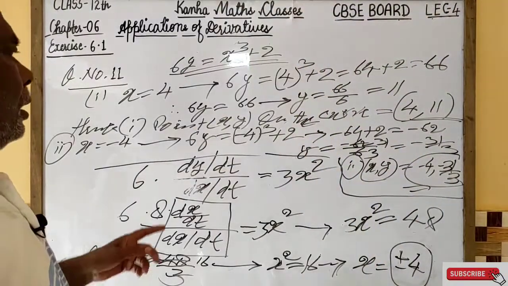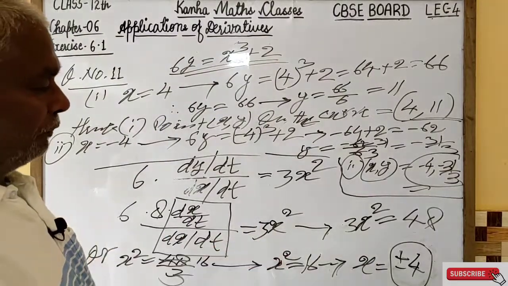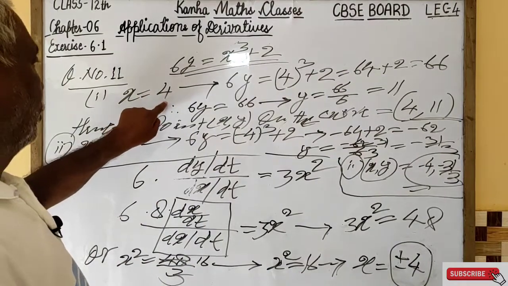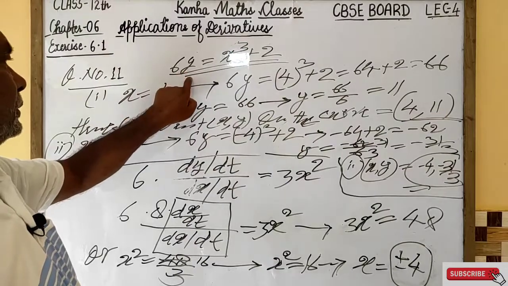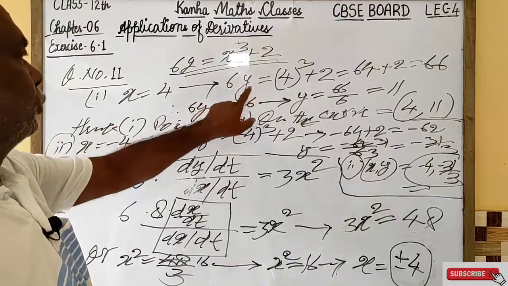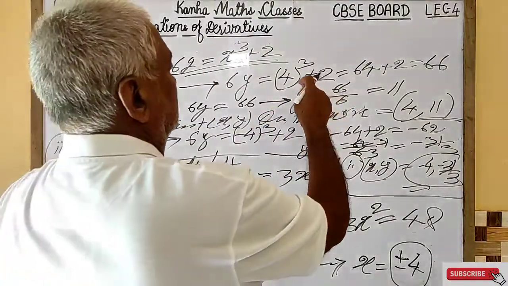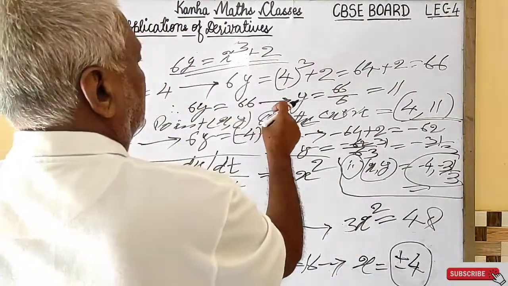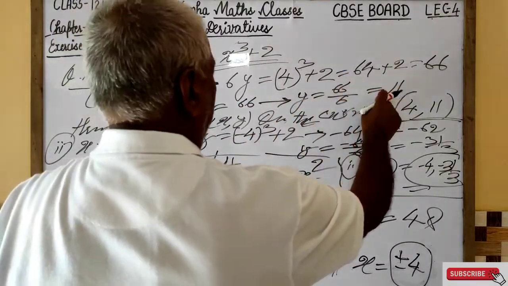Now we have received two values of x, plus minus 4. If you take x is equal to plus 4 and substitute in the equation of the curve 6y is equal to x cube plus 2, we have 6y is equal to 4 cube plus 2, which is 64 plus 2 is equal to 66, which implies that y is equal to 66 upon 6, that is 11.